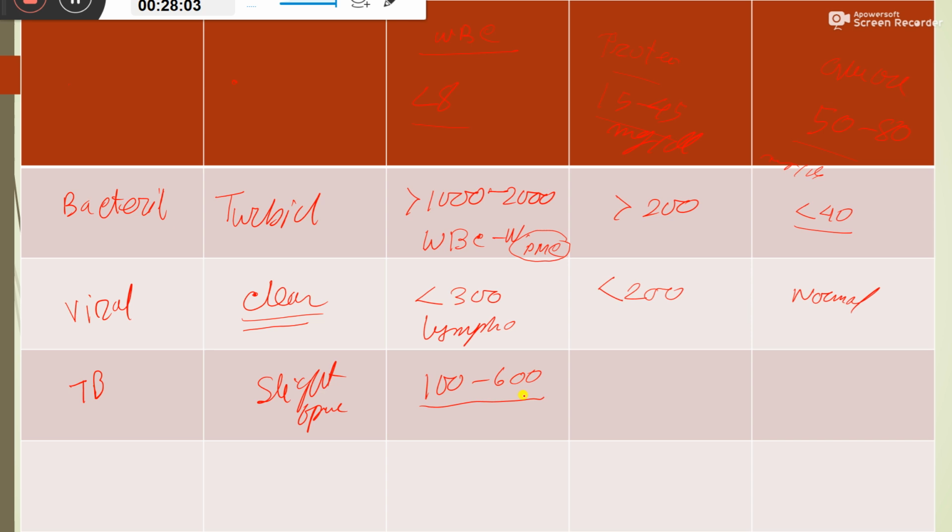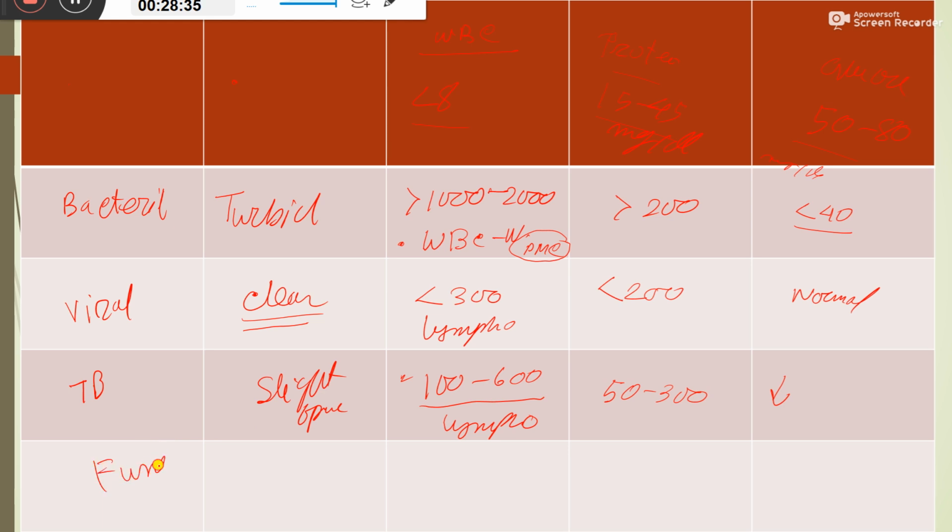Here also the WBC count is raised moderately, but the thing is that those are lymphocyte predominant, which differentiates it from bacterial meningitis. Here also protein is raised, 50 to 300, and glucose is slightly decreased.